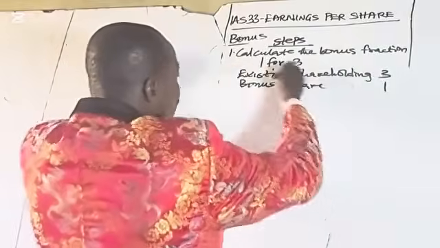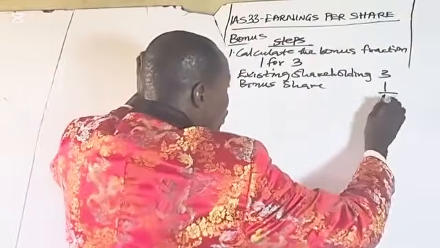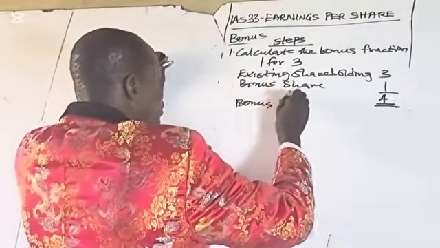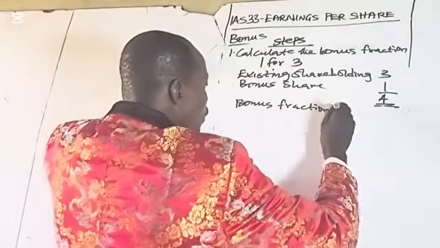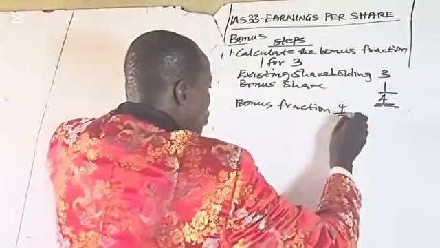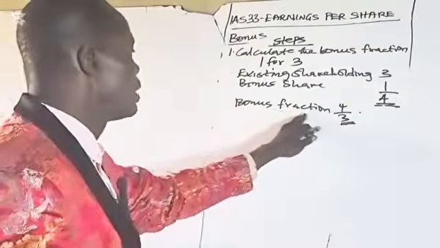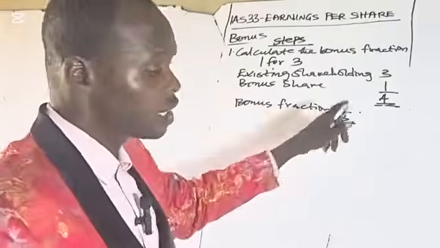That is the meaning of 1 for 3. So the total now will be 4. So the bonus fraction will be 4 over the existing shareholding, 3. So this will be the full bonus fraction. The first step is to calculate the bonus fraction.